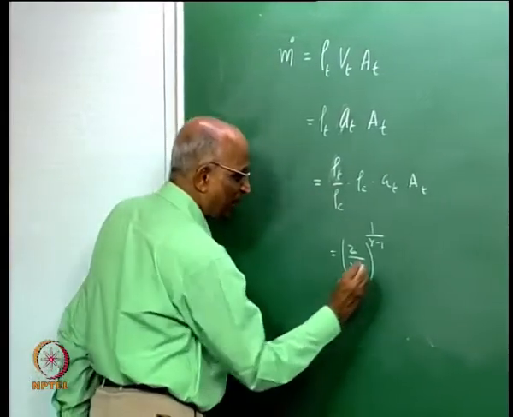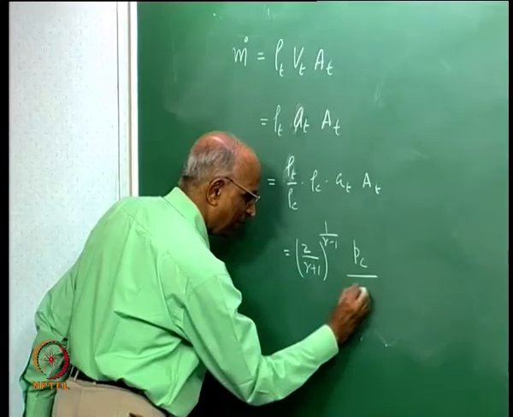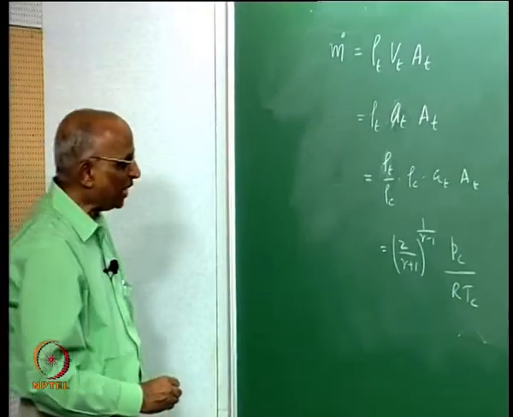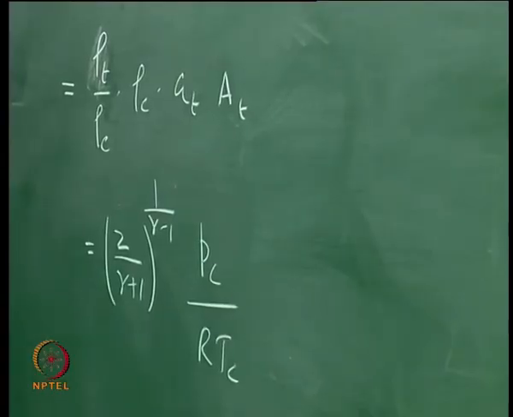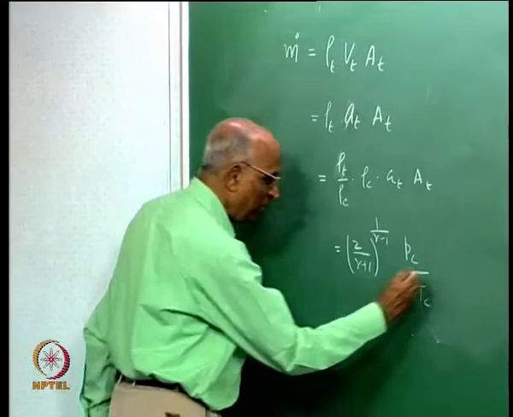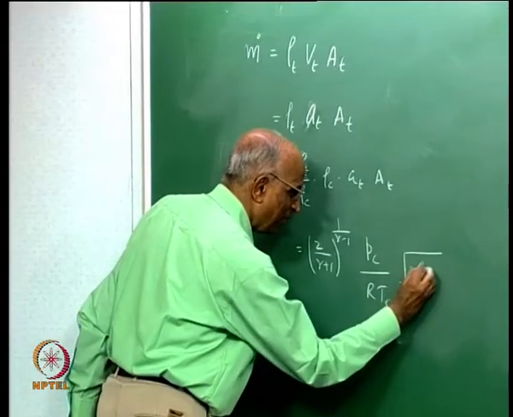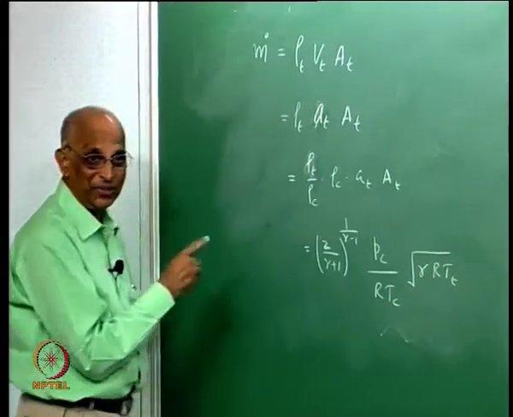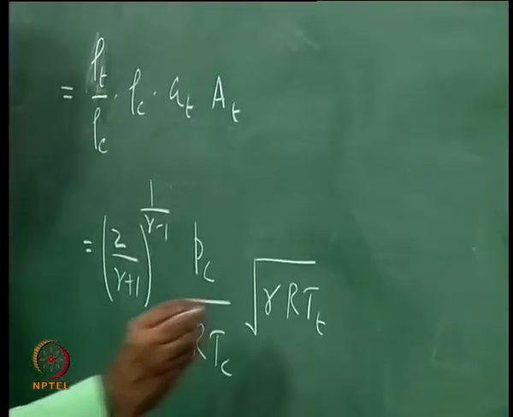Now, what is rho c? Pc by R Tc. What is the sound speed? Under root gamma R Tt, the local condition, and At over here.